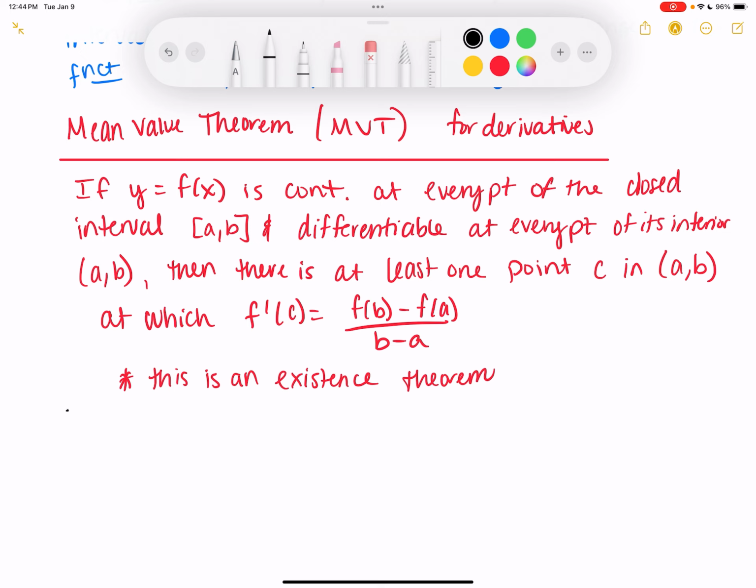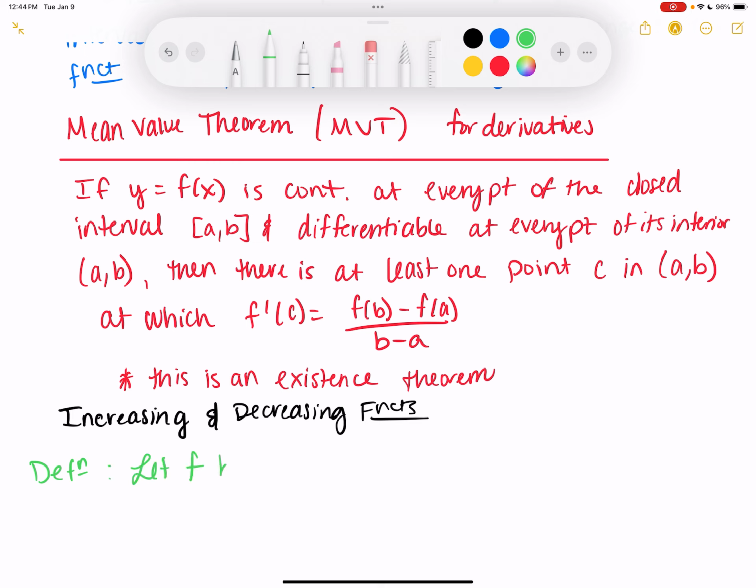All right, next we're going to look at increasing and decreasing functions. So definition, let f be a function defined on an interval.